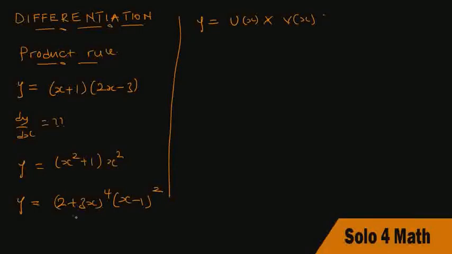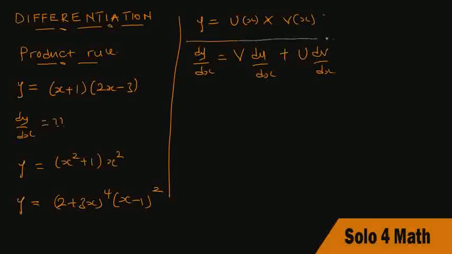Remember, we said we're multiplying two factors, so let one be u, let the other be v. In such a case, you get dy/dx, du/dx, and dv/dx, and the derivative of such a function will be equal to v du/dx plus u dv/dx. This is what we call the product rule.